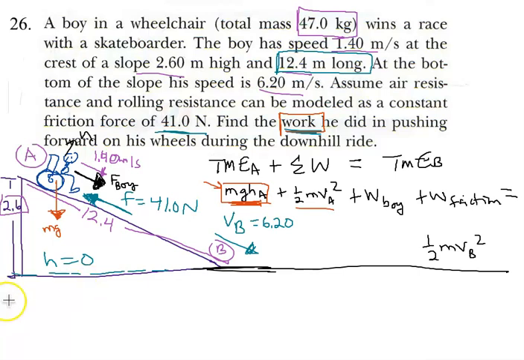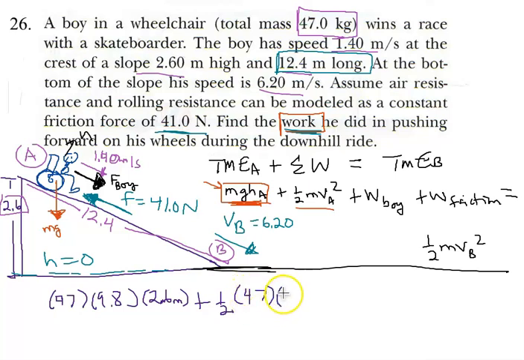So we know, let's do purple. MGH is going to be 47 times 9.8. That's why they told you the 2.6, because you need to know how high he is above sea level. Plus, somewhere at some point, he or a friend or a jetpack or something gave him some kinetic energy.